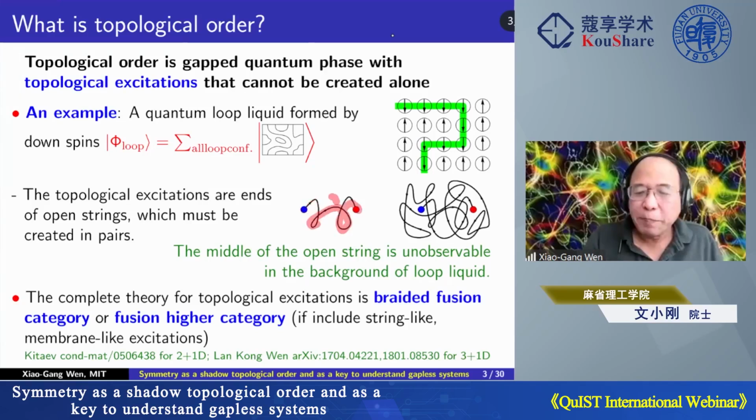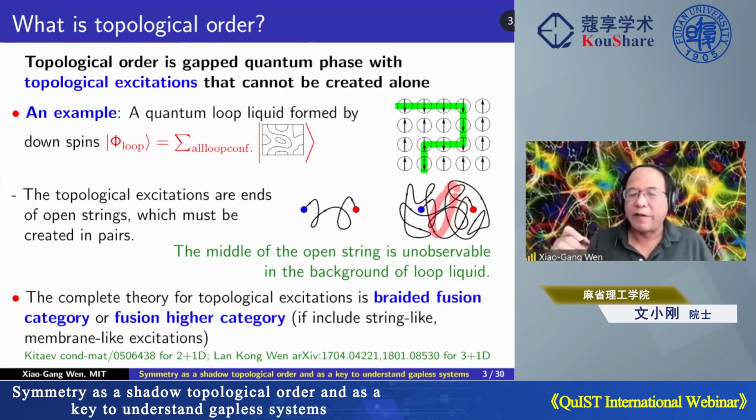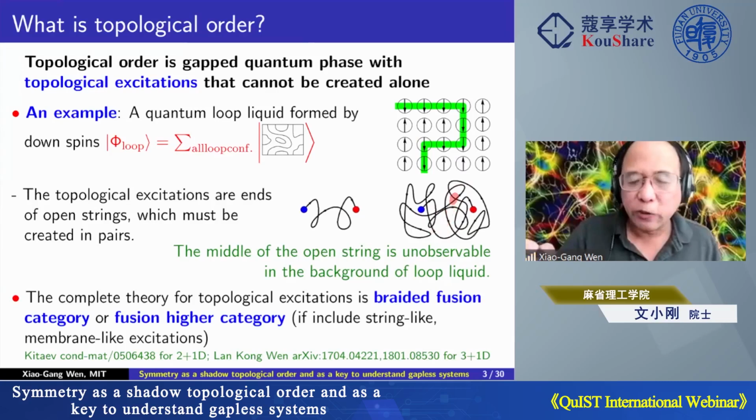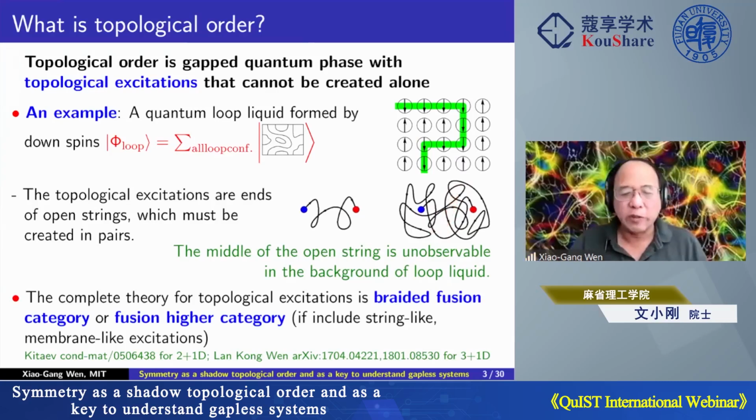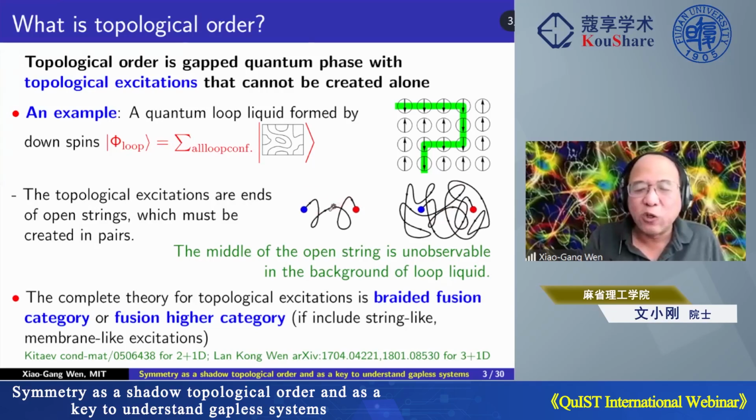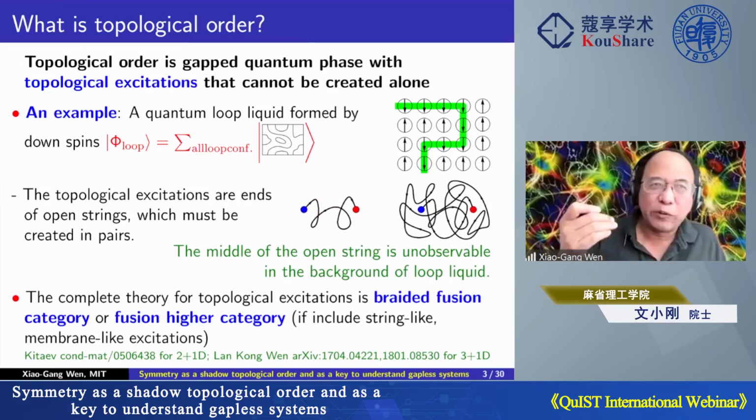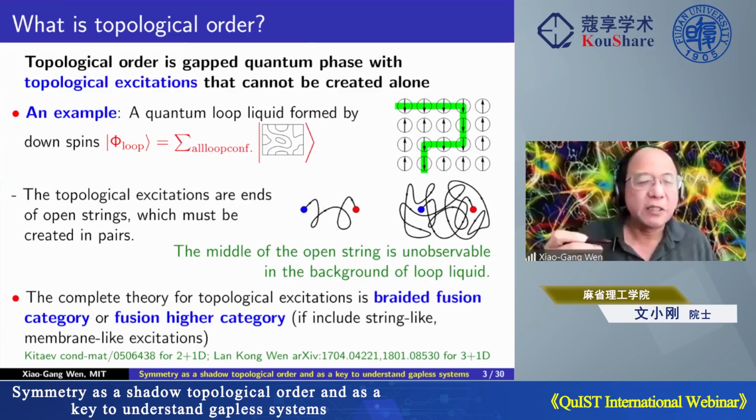But the middle part of the open string is merged with the background closed string liquid, so it's not observable. Only the end of the open string is observable and behaves like a point-like topological excitation. From here, you can see that clearly we cannot create a single end of a string alone. We have to create them in pairs. So this is one simple way to understand the topological excitation in topological order.